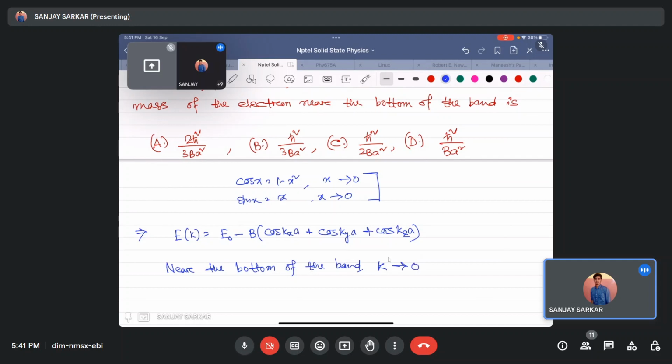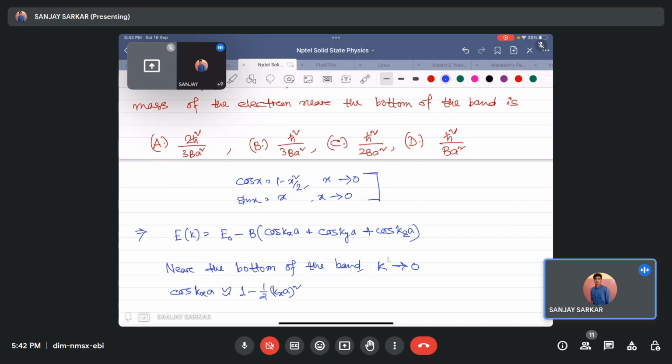k tends to 0. That means you can approximate cos kxa as nearly equal to 1 minus x square by 2. So that formula is there.